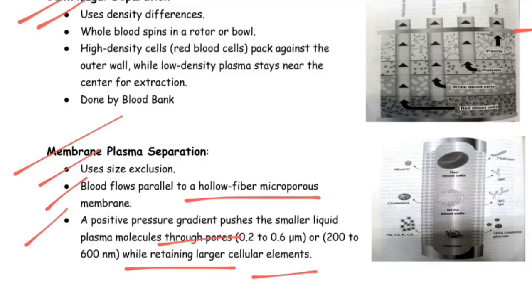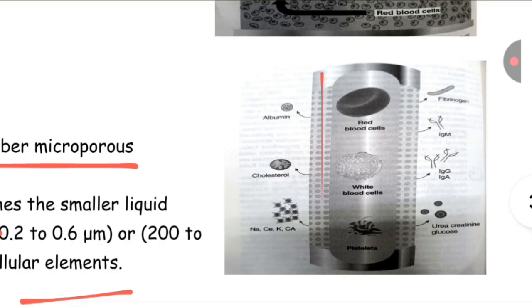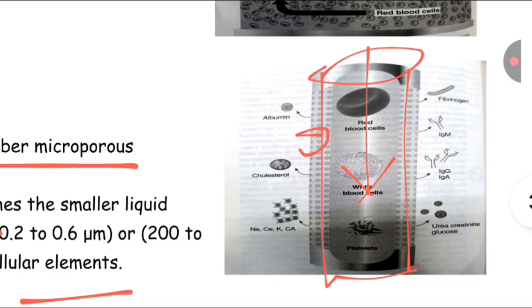In that photo, it is a hollow fiber membrane. Blood passes through this. There are some holes. Holes can be sized 0.2 micrometer to 0.6 micrometer, or 200 to 600 nanometer.